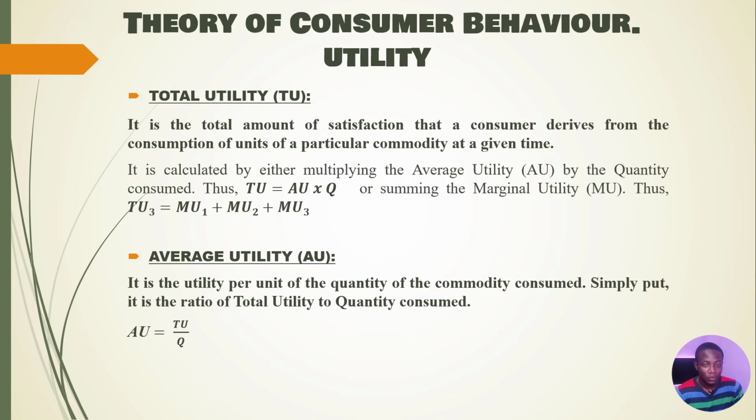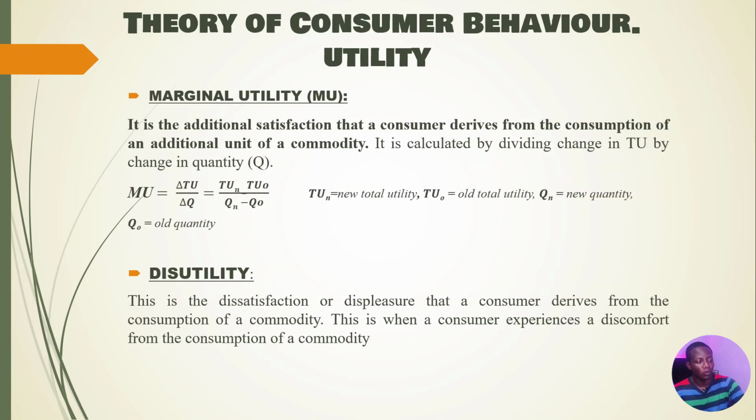It's going to be the total utility divided by the number of bottles that you consumed. So in this example, it's 20 divided by 5, and you get 4. That means on average, you are getting an average utility of 4 utils.